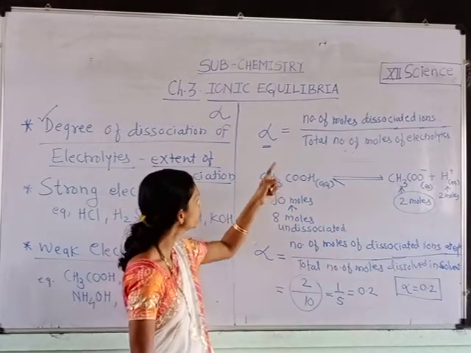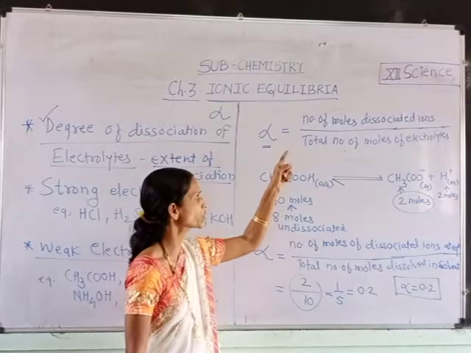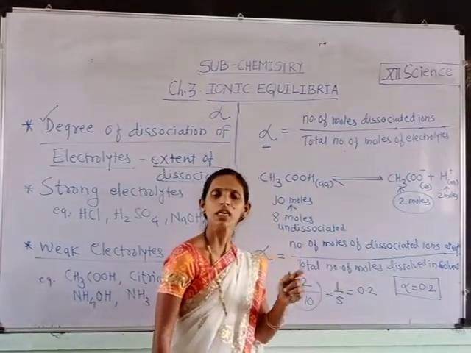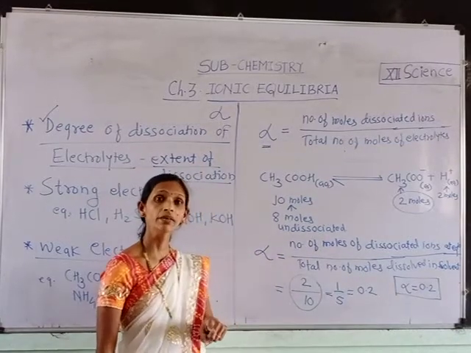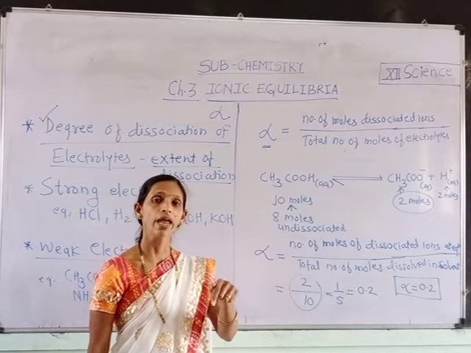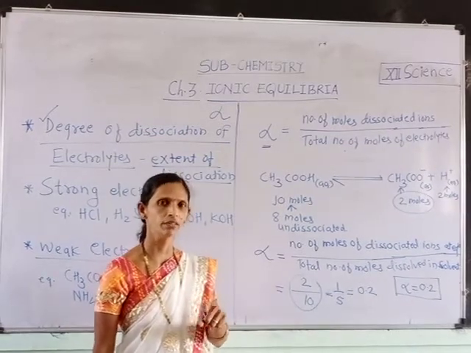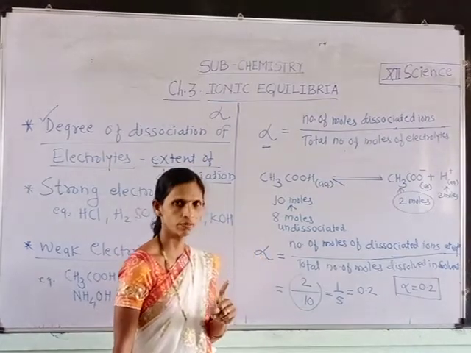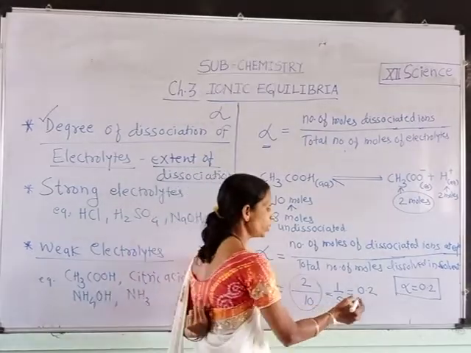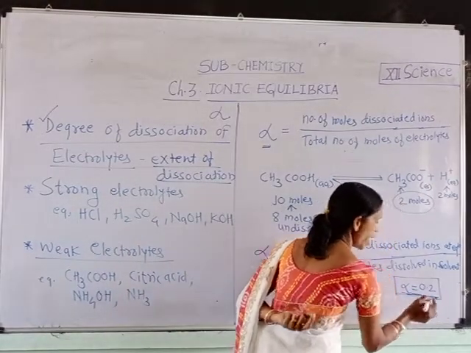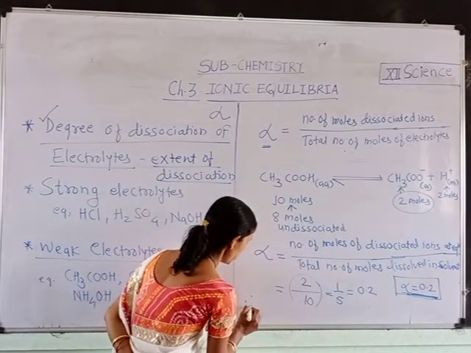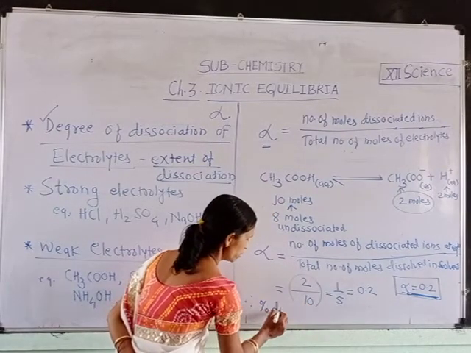Degree of dissociation is a fraction of the number of moles dissociated in aqueous medium at equilibrium. There are two conditions: in aqueous medium as well as at equilibrium we can calculate the degree of dissociation. It can be calculated as a fraction as well as in percentage.